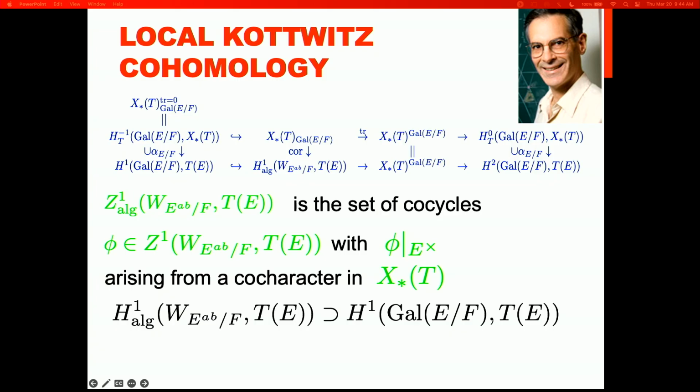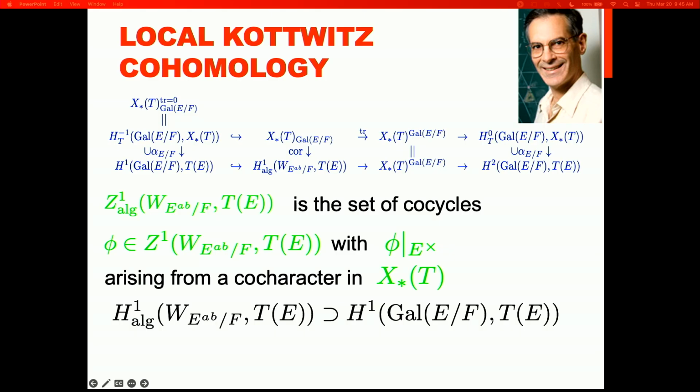And you can extend this diagram. The top row is just the four-term exact sequence defining H minus 1 Tate and H0 Tate of the cocharacter lattice. The bottom row is different in nature. It's the inflation restriction exact sequence for the Weil group of E ab over F and its quotient, the Galois group of E over F. But rather amazingly, Kottwitz checked that not only this commutes, but the whole diagram commutes.